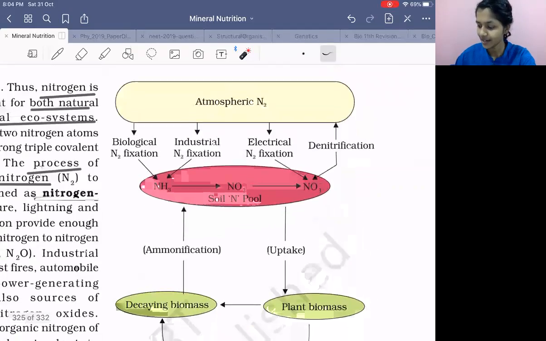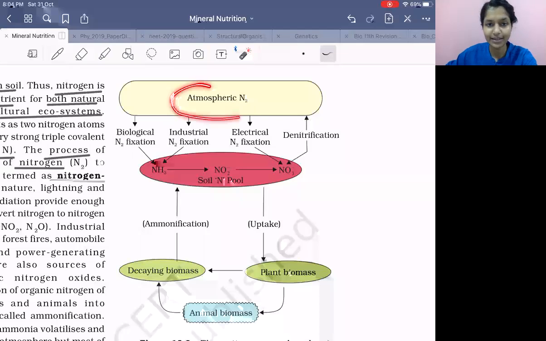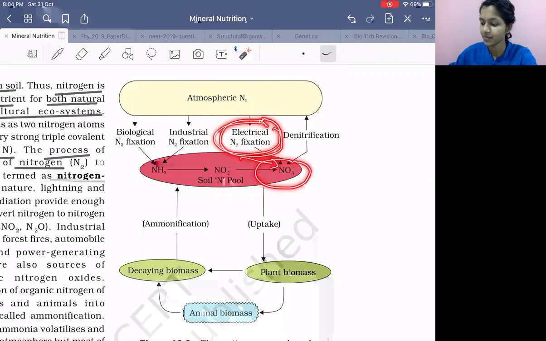See this very carefully. Atmospheric nitrogen is there. Electrical N2 fixation means by lightning, thundering, which can give you nitrates. Industrial N2 fixation means the factories and industries which are going on.